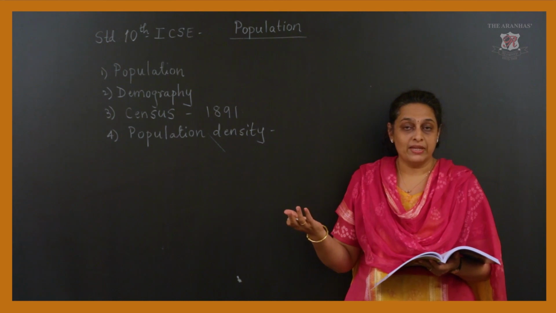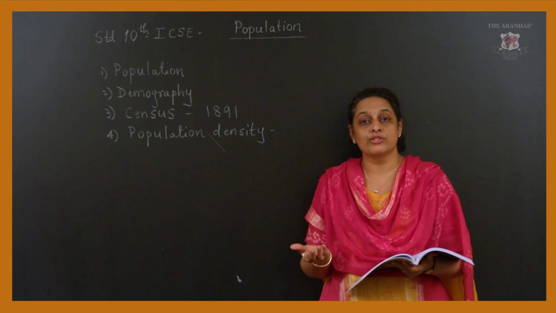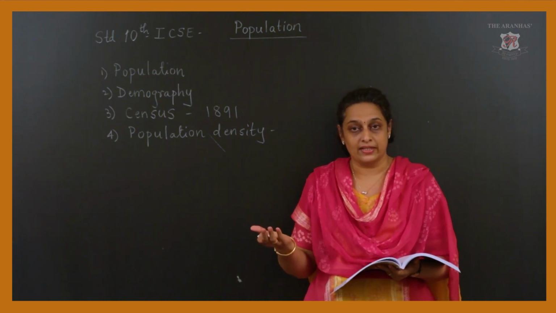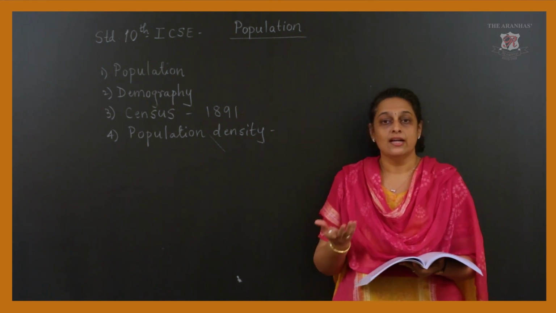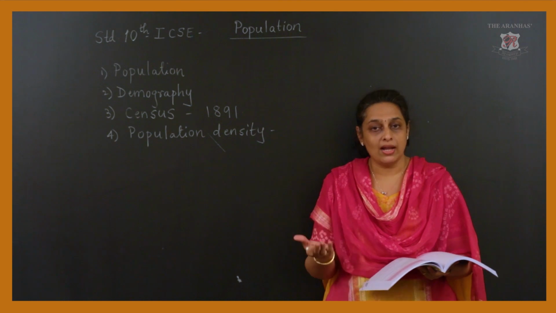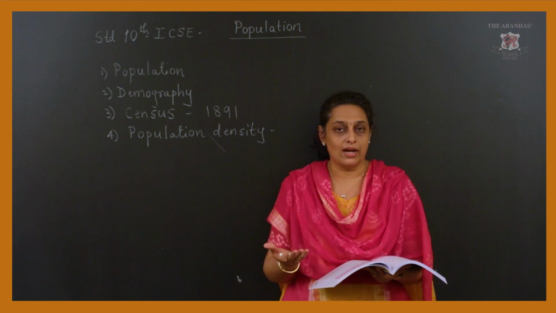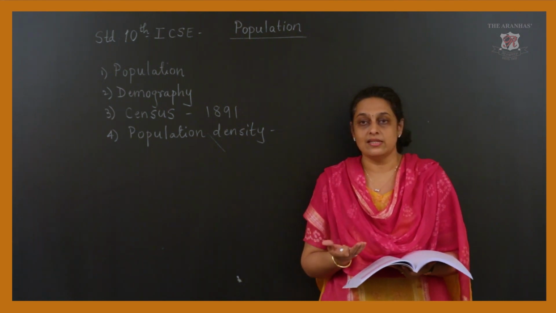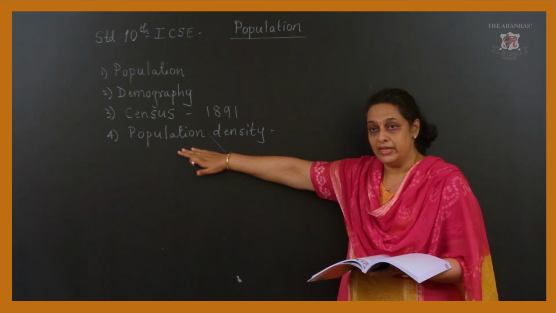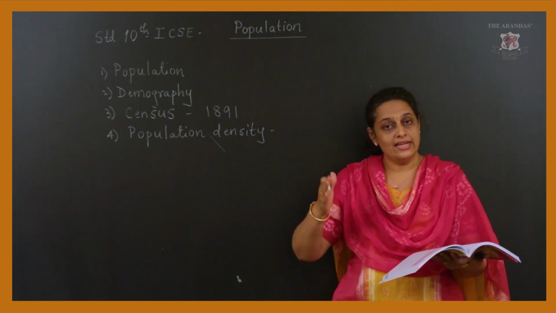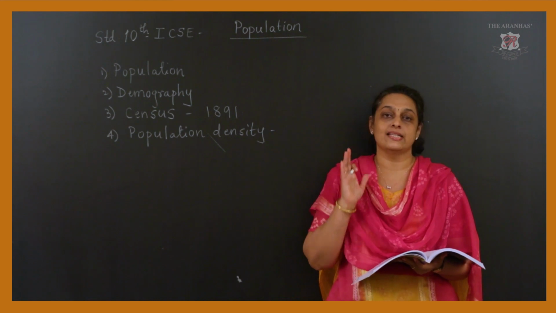That's why, if you must be keeping track, experts are often saying that maintaining social distancing is very, very difficult. It is because people are very close to each other. If you see houses, small house, and many family members are living in that small house. So, maintaining social distance is really difficult. So, population density means the area is specified and within that area how many individuals are living, that decides population density.